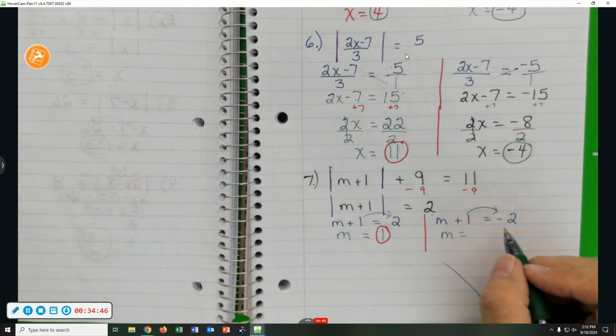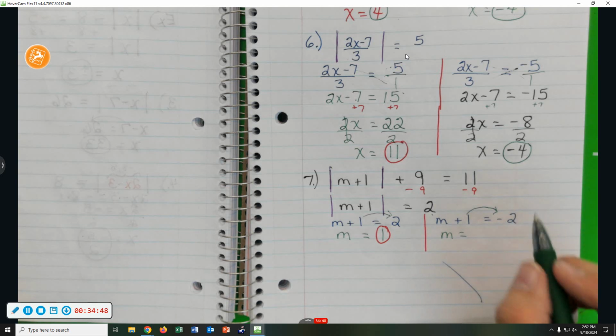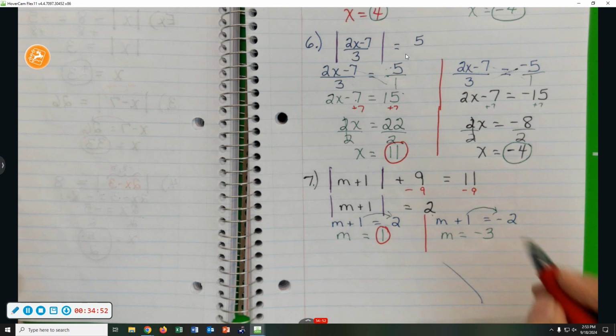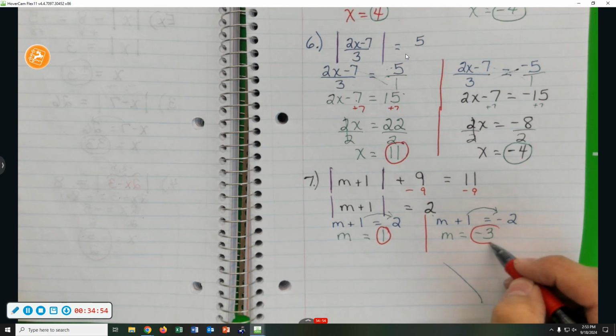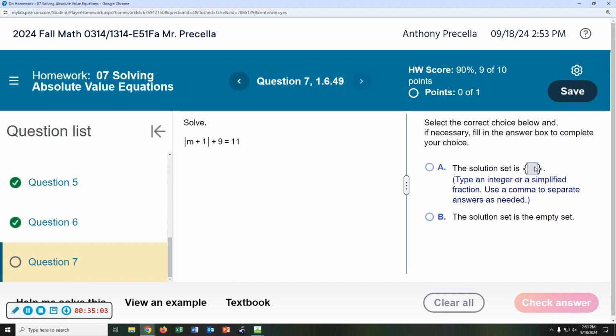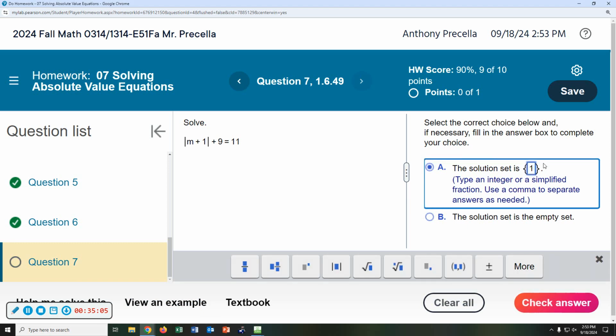Negative 2 minus 1, negative 3. Is that what I heard? That's right. So 1 and negative 3. So we type 1 and negative 3.